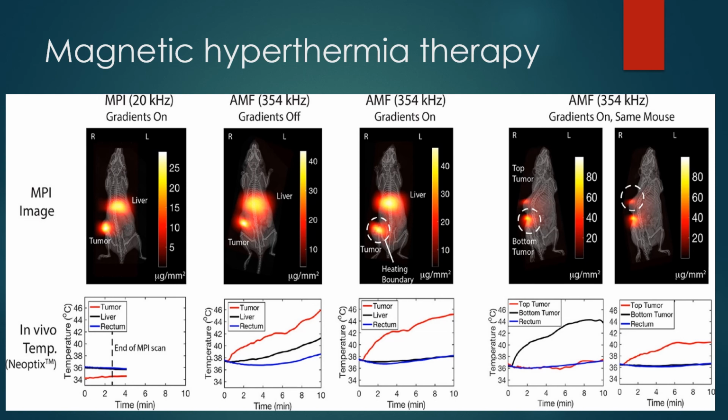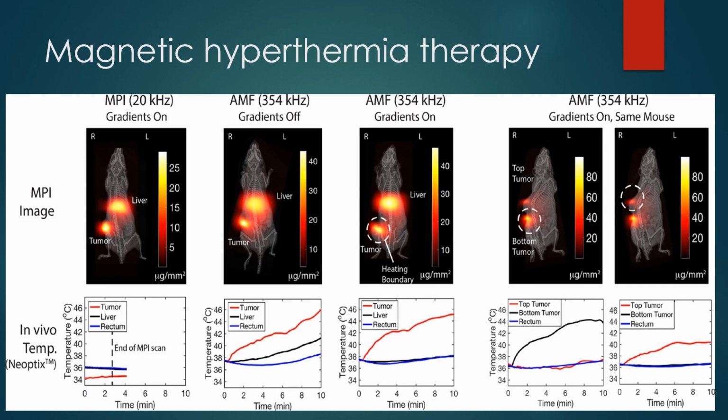Here is more information about this combination therapy. This is the normal situation after the injection of the tracers into the mice. In the second image, you can see the AMF, the alternating magnetic field, is increasing, and the temperature of all organs such as the tumor, liver, and rectum is also increasing. In the third picture, you can see that with the field-free point, they target the tumor and just the tumor temperature, the red one, is increasing.